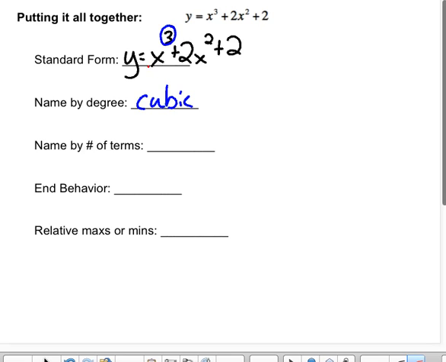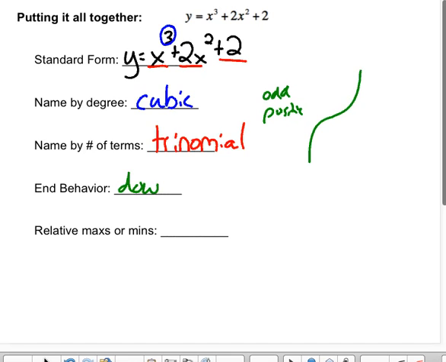It's named by number of terms. Well, there's 1, 2, 3 terms. So that makes it a trinomial. Its end behavior. All right, its end behavior, well, it's a cubic, which is odd, and it's positive. So an odd positive looks like that. So it's going to be down, going up.